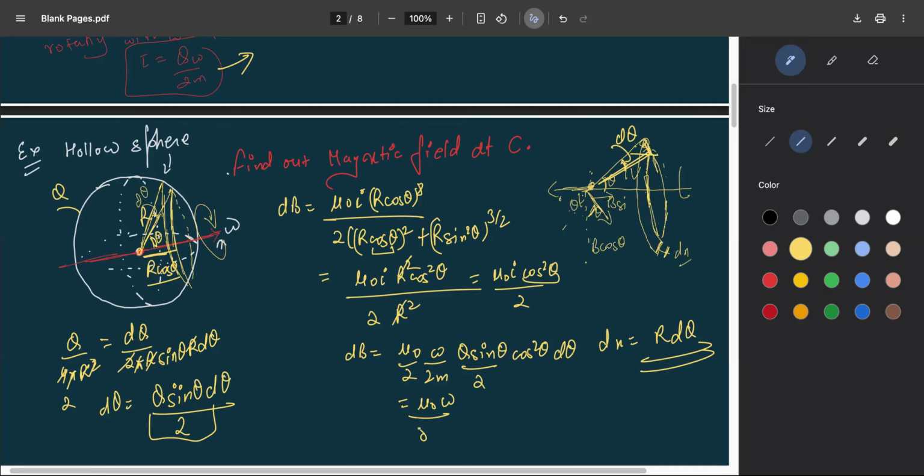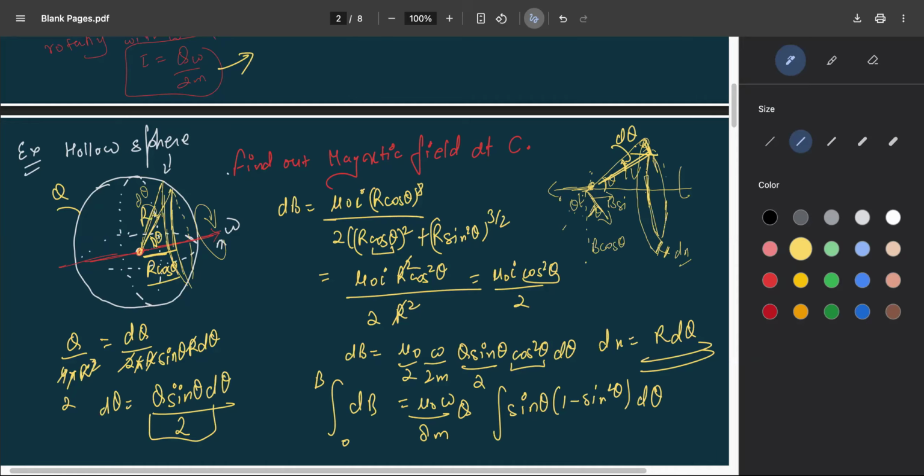2, 2, 4, 8, and here you are having q. So you can see you just need to integrate this small portion. Also, this is cos square theta. It can be written as 1 minus sine square theta, and this is d theta. Clear? When you integrate it from 0 to complete. Yeah, clear.